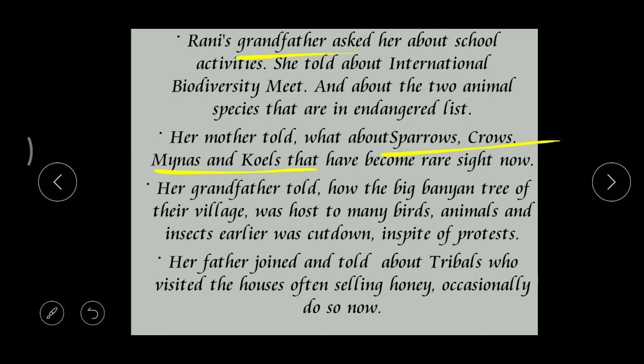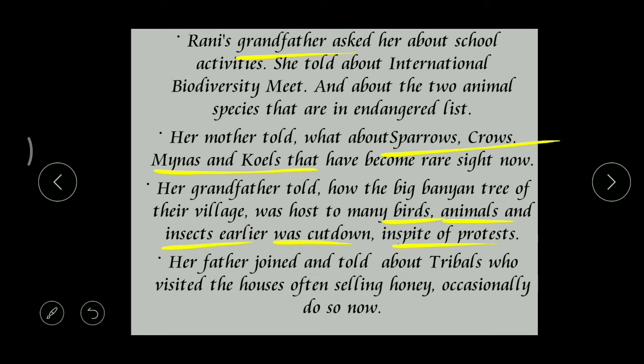Here, whenever you carefully observe that banyan tree, the tree is only one, but it gives shelter to different types of birds, animals, and even insects. So it acts as a great habitat, right? But even that kind of plants were cut down in spite of a protest.